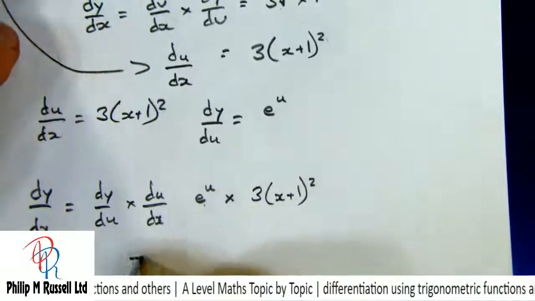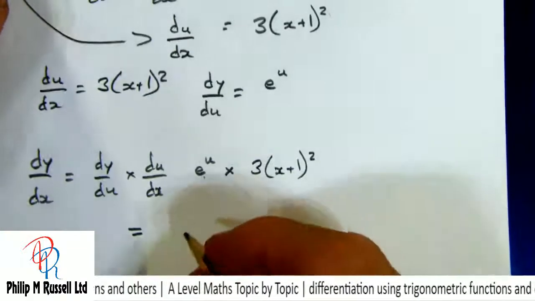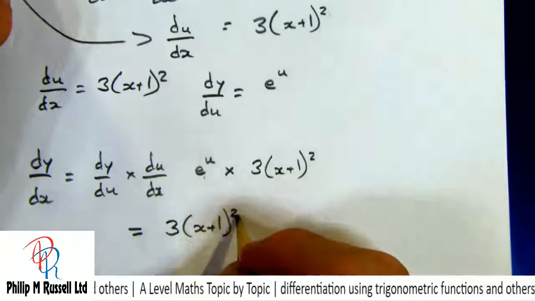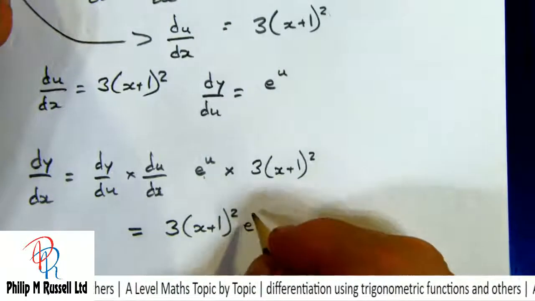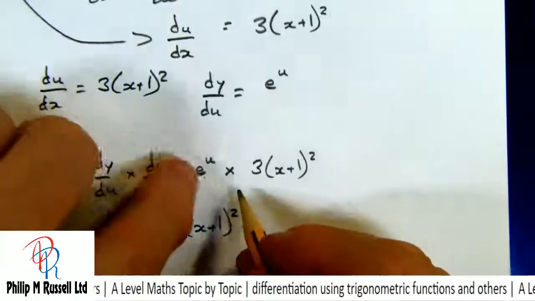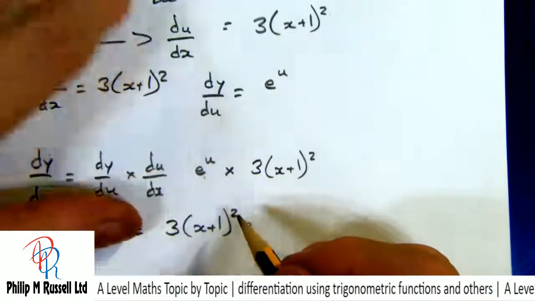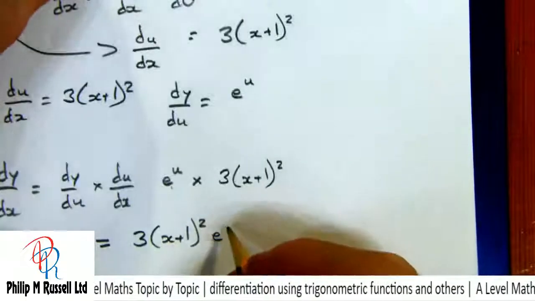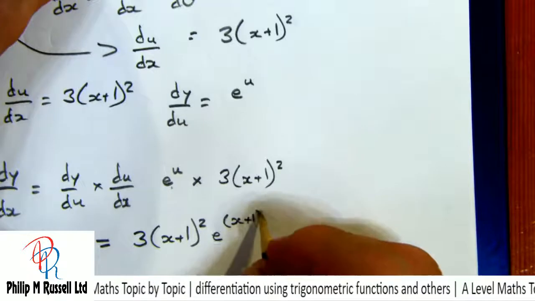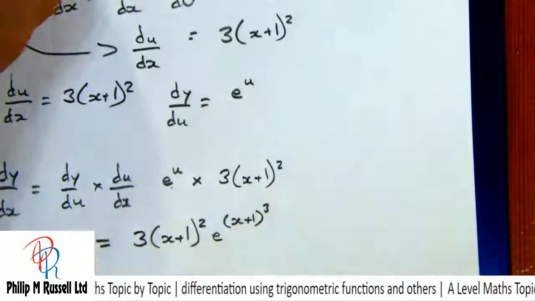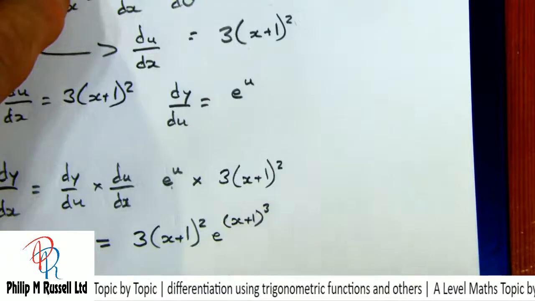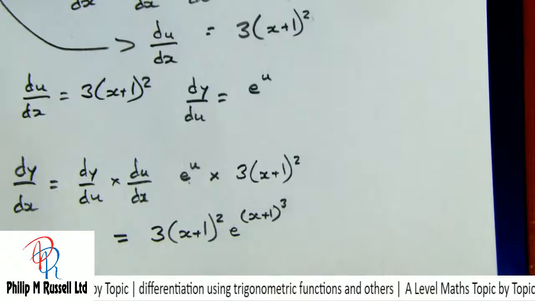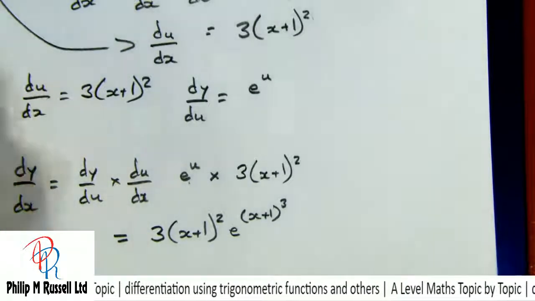I'm going to write this out a bit more sensibly: 3(x plus 1) all squared times e to the whatever the u was, and u was right back up there, (x plus 1) all cubed. Wow, that was some sort of sum trying to do that. So I did chain rule inside chain rule.